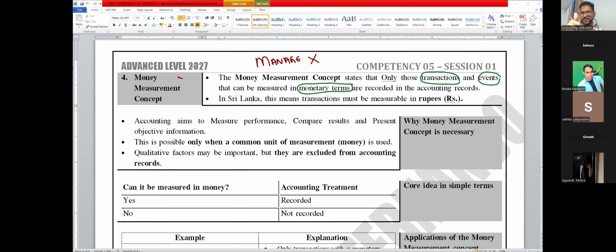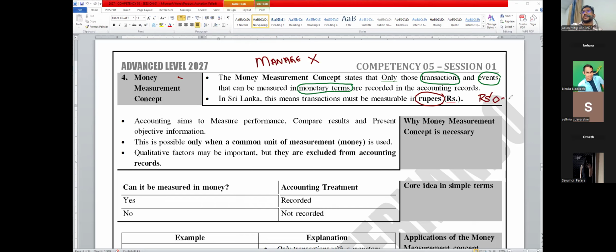In the Sri Lankan context, it means the transactions are measurable in what? Rupees. That is why I'm asking you to write it down. Whenever you prepare a statement, note down the currency that you're using. Write Rs, and if you are rounding it off, Rs thousands.